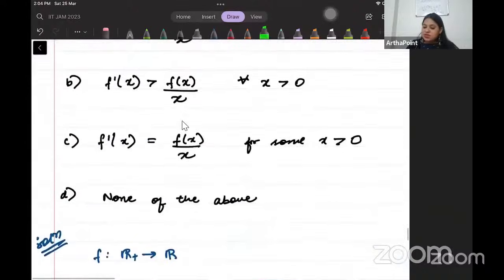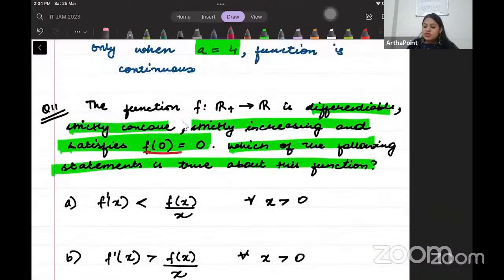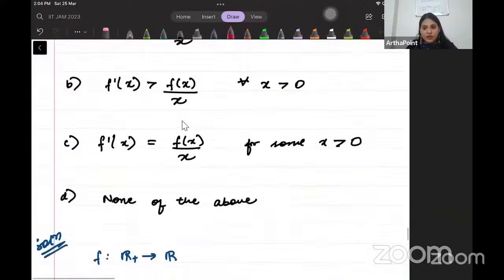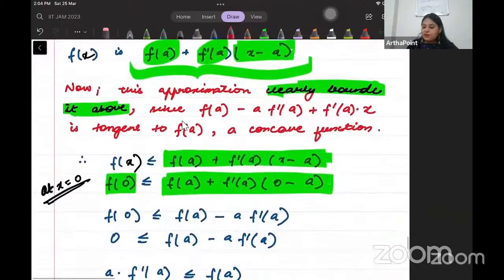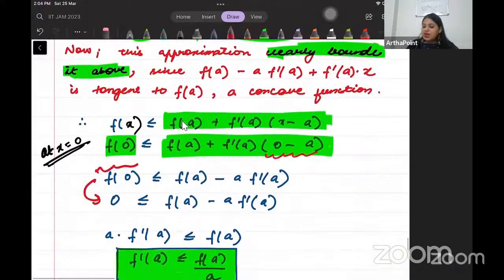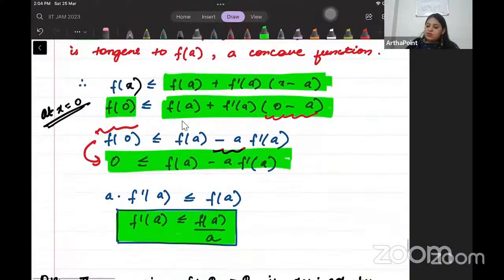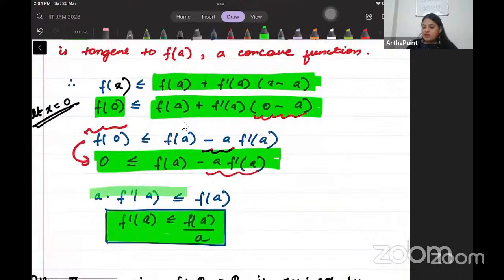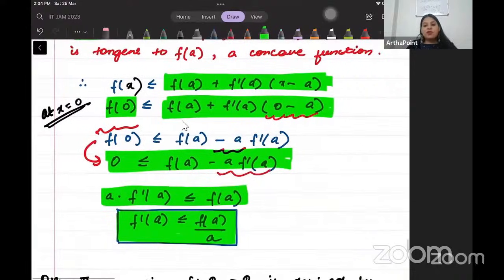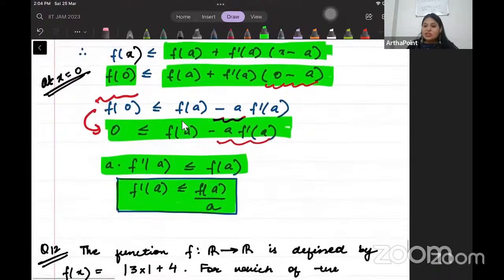But this gives me that f of 0 is 0. So if f of 0 is 0, then in place of f of 0 I can just put 0. And this 0 minus a will simply be minus a. So I will get 0 less than or equal to f of a minus a f dash a. And now I will just take this to the other side. So I will get a f dash a less than or equal to f of a. So f dash a will be less than or equal to f of a by a.